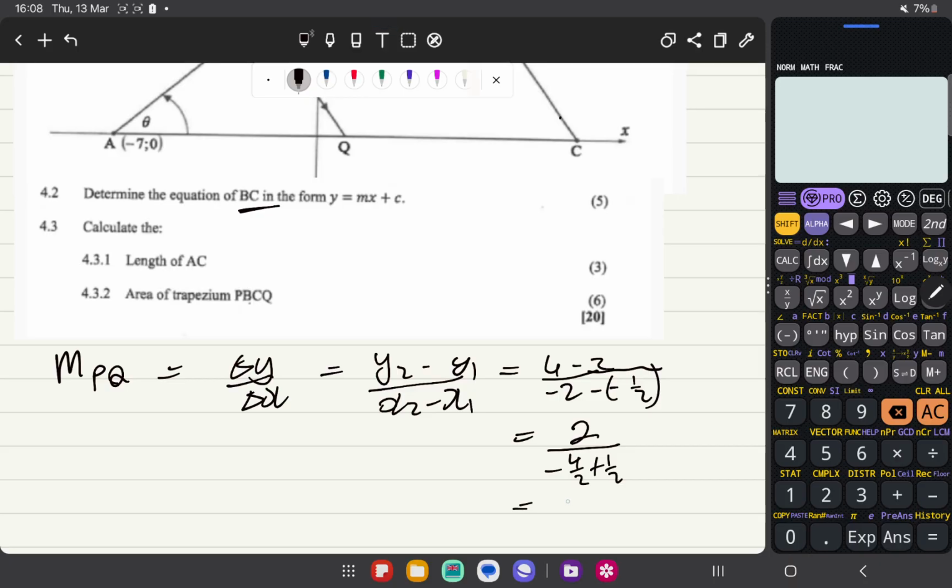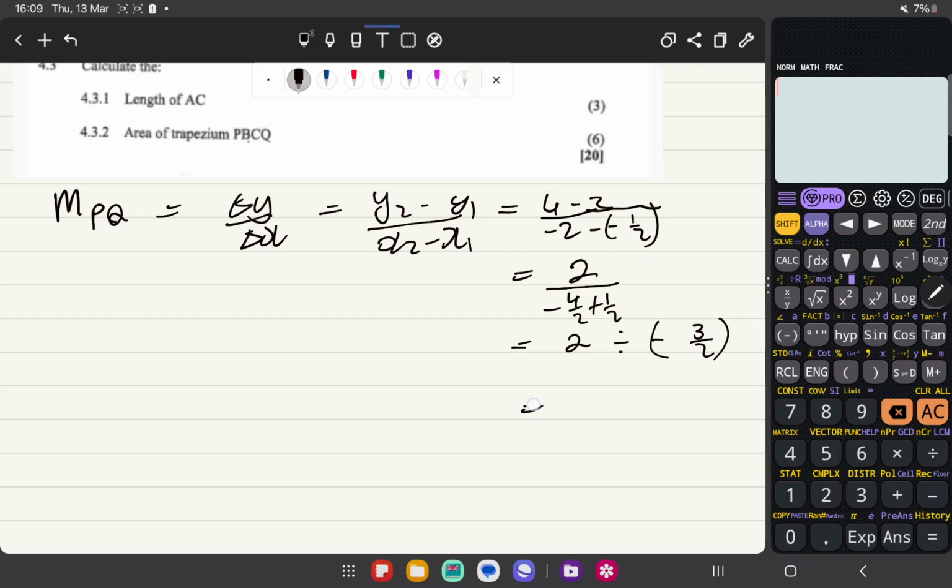So then my answer is 2 divided by negative 3/2, which is just 2 multiplied by 2/3, let me say minus, and then that's just 4/3.